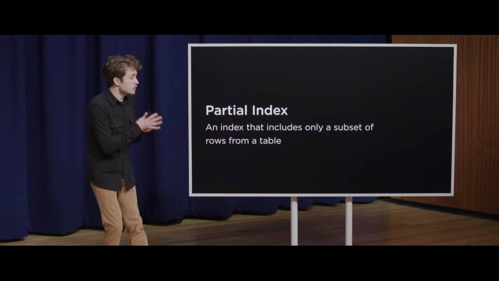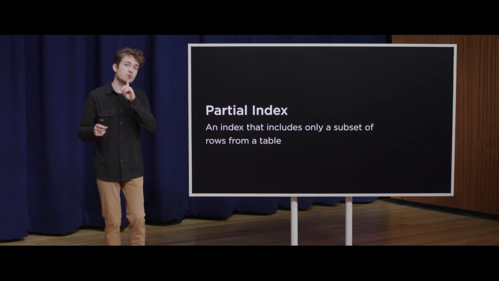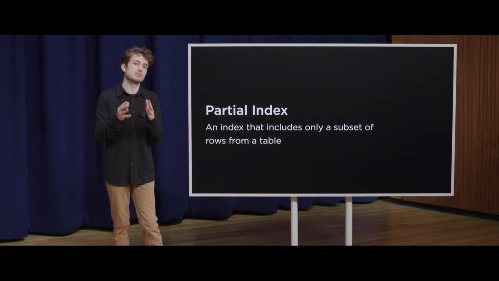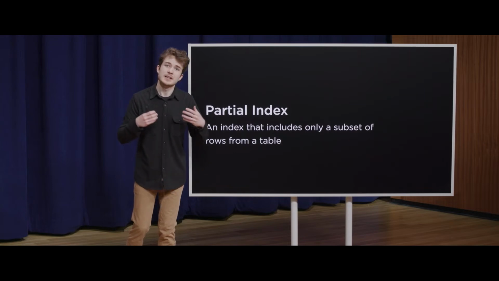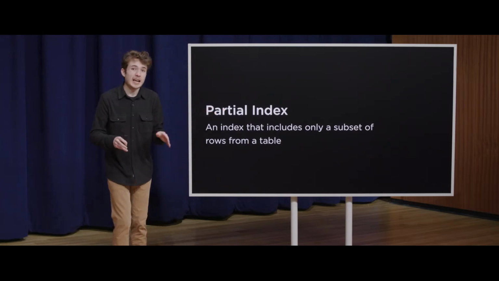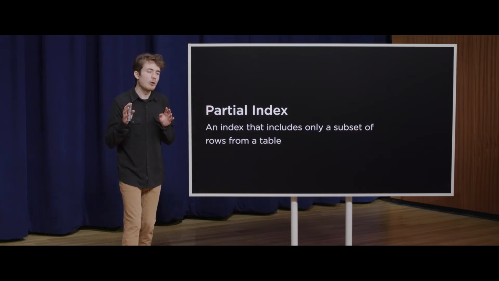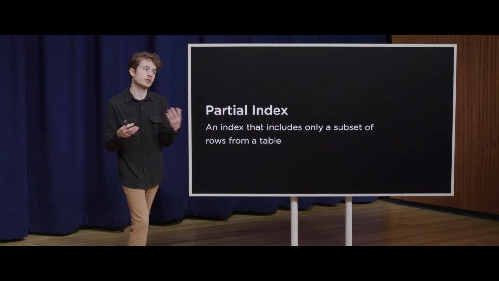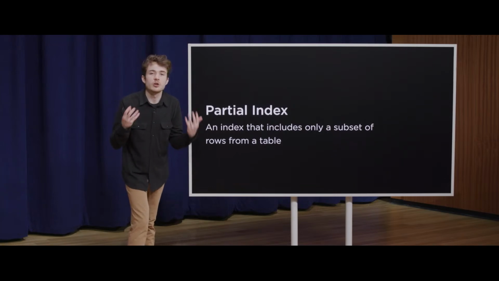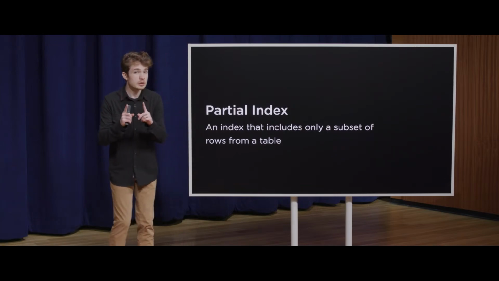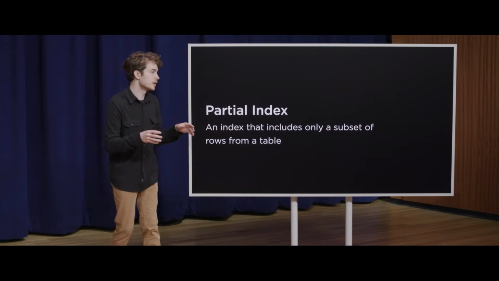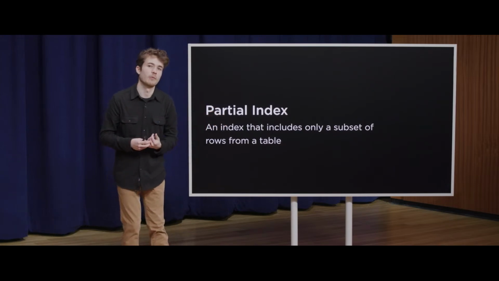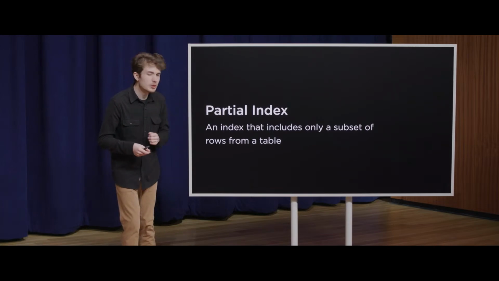You could think of a partial index being useful when you know that your users will only query a subset, only a small number of rows from that table. For example, in IMDb, maybe we know people are more likely to search for a movie that came out this year versus one that came out 15 years ago or so. So we could create an index that focuses on those movies that came out this year versus 15 years ago or so. And we'll do just that.